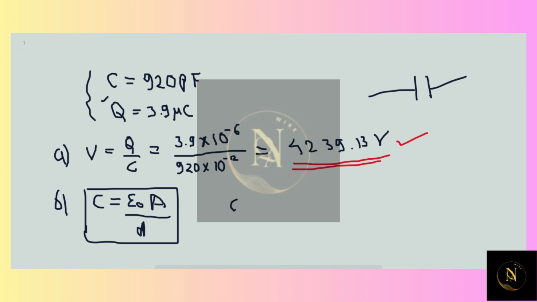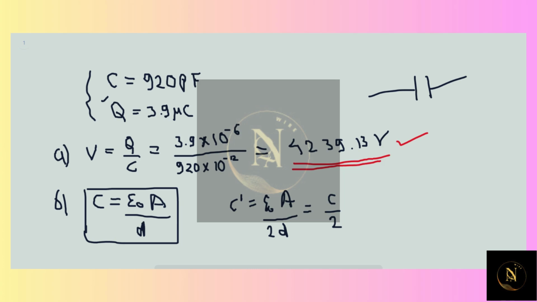So the new capacitance, let's say C prime, is going to be equal to epsilon naught, area of the plate is constant, the separation is doubled, so it's 2D. So the new capacitance, as you can see, is half of the initial capacitance. So initial capacitance is C, and the new capacitance C prime is half of the initial capacitance.